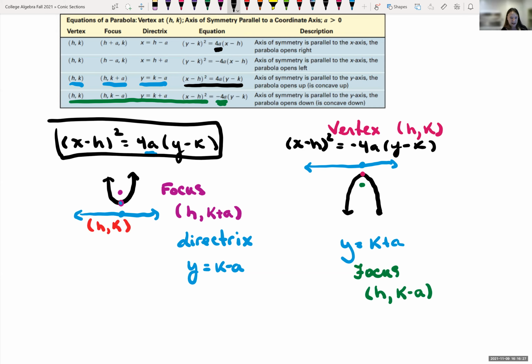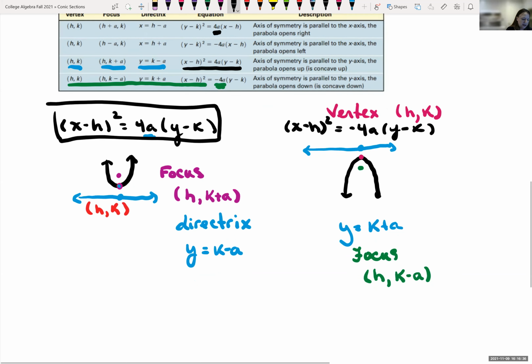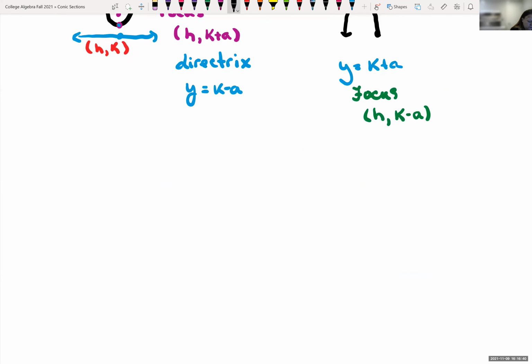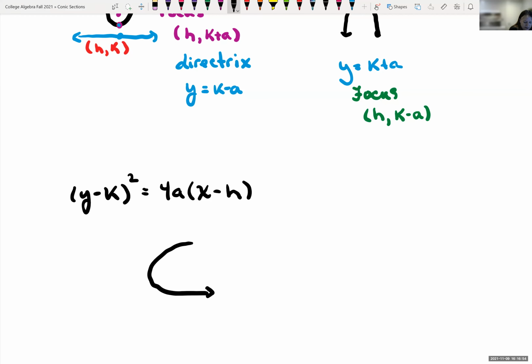The way I can tell again that it's going left or right is it's the y value that's squared and not the x value that is squared. So if we're looking at (y minus k) quantity squared equals 4 times a all times (x minus h), we're going to have a parabola that faces towards the right.